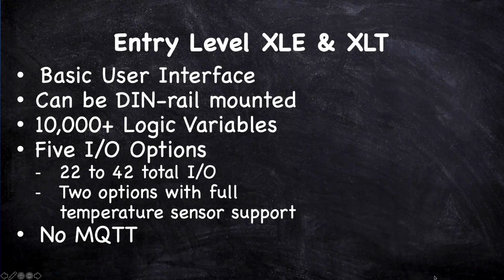They support double the amount of logic variables that you'll find in a Micro Series, and they have more flexibility in the built-in I/O with up to 5 I/O options ranging from 22 to 42 total I/O points. They do support several of the protocols the Micro Series does not, including J1939 and CAN Open, but the XLE and XLT do not support MQTT.